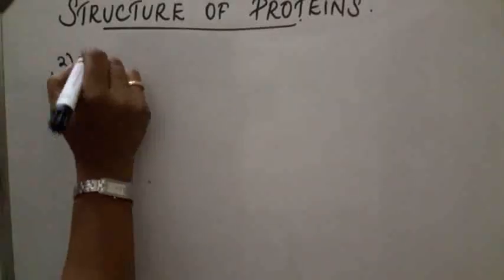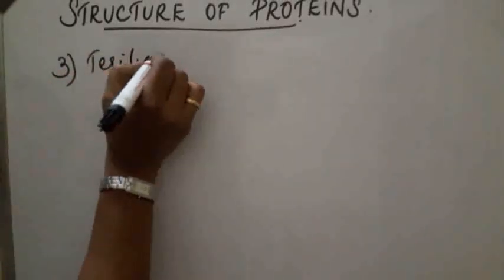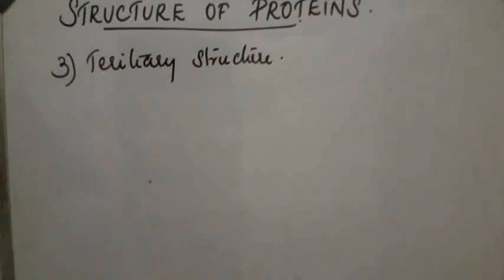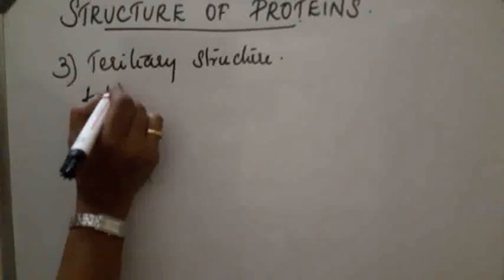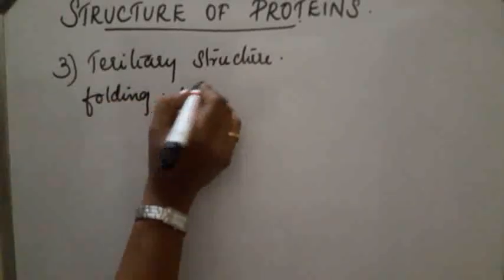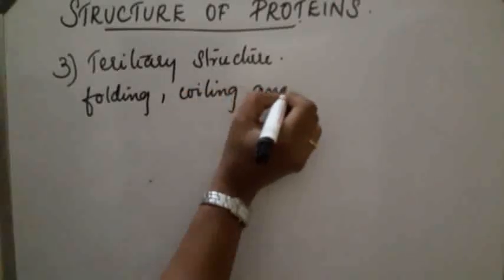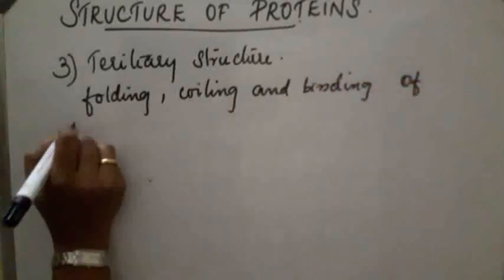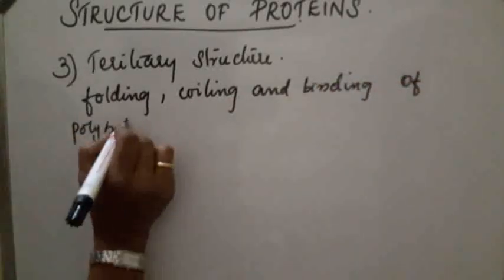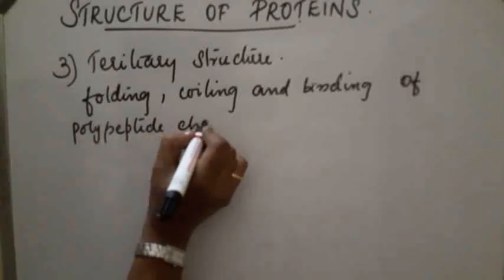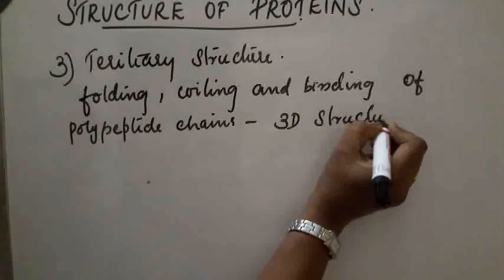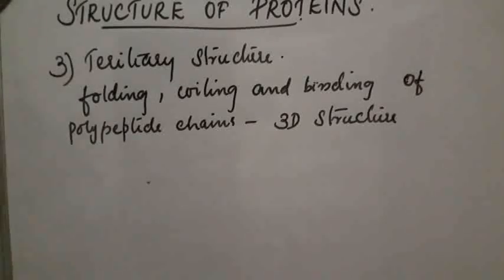Third level is tertiary structure. This arises due to the folding, coiling and binding of polypeptide chains, and this gives a three-dimensional structure.